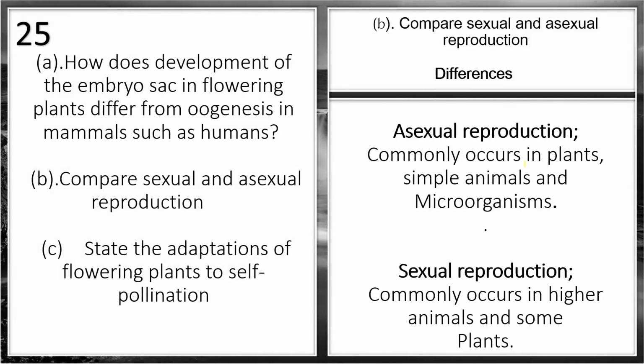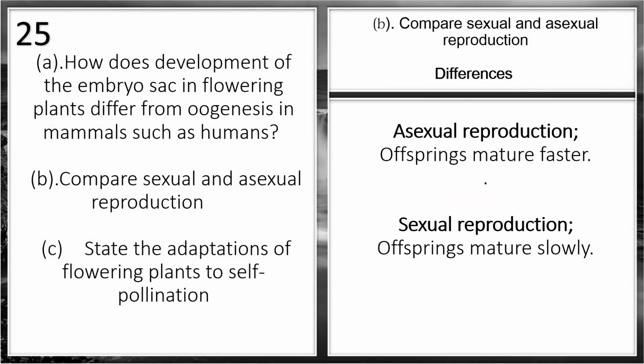Asexual commonly occurs in plants, in simple animals, and microorganisms. Sexual occurs in higher animals and some plants. Asexual, offspring mature faster.